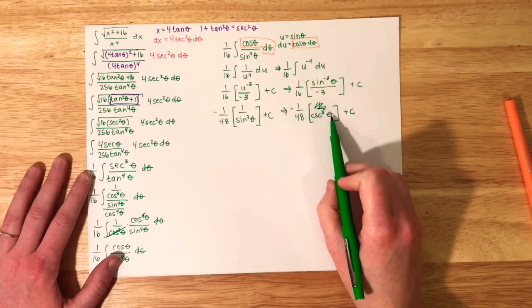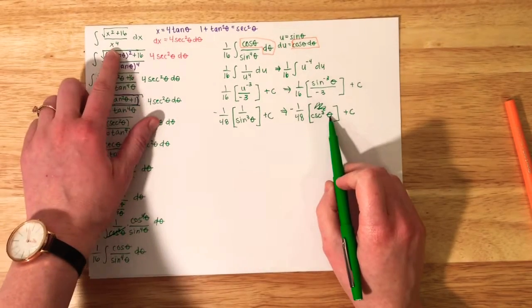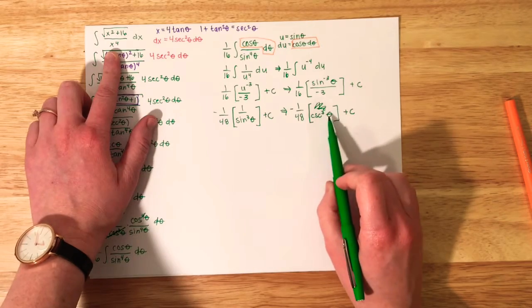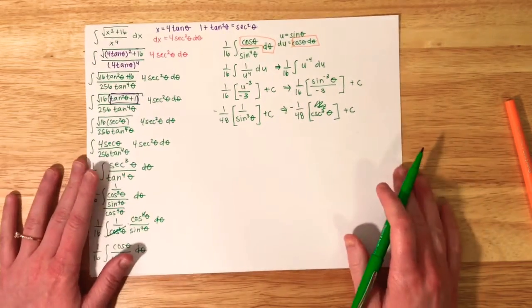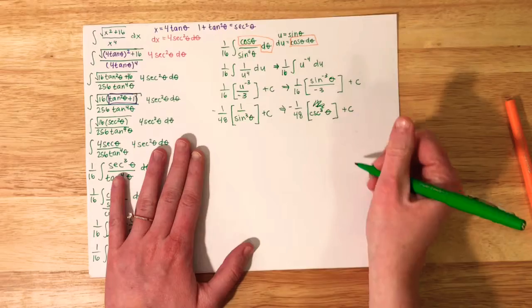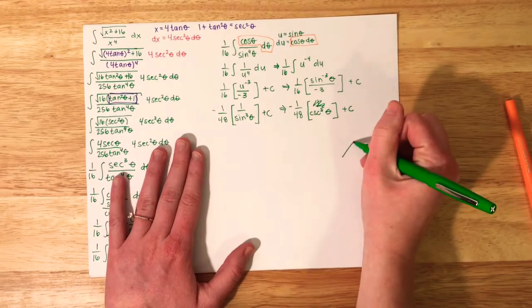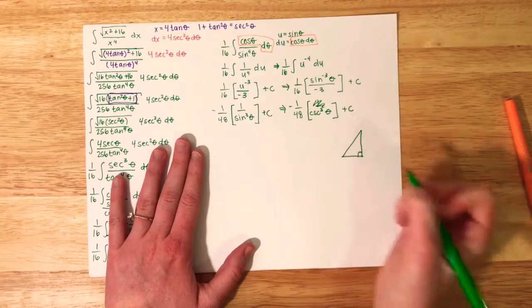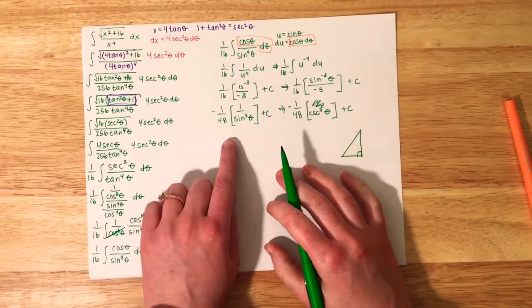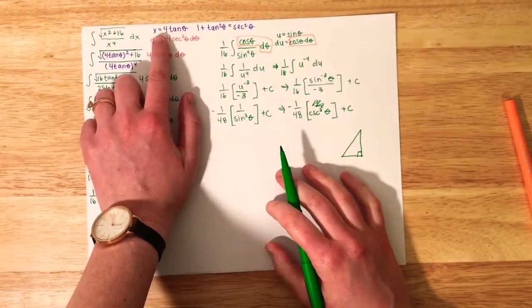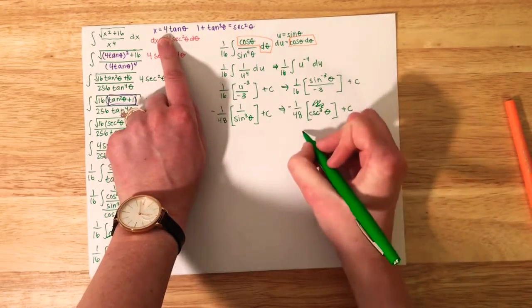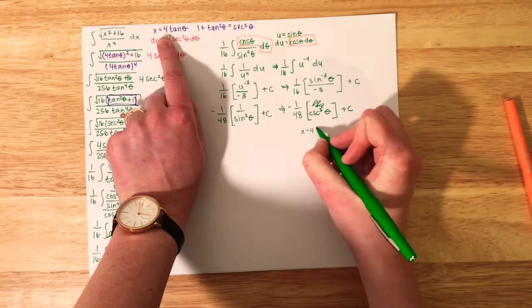However, now we have this in terms of theta, but we started out in x. So what we're going to want to do is get this theta in terms of x. And how we can do that is by drawing a triangle. So we have our triangle here. And what we'll want to use is our trig sub that we used. So we have x is equal to 4 tangent theta.